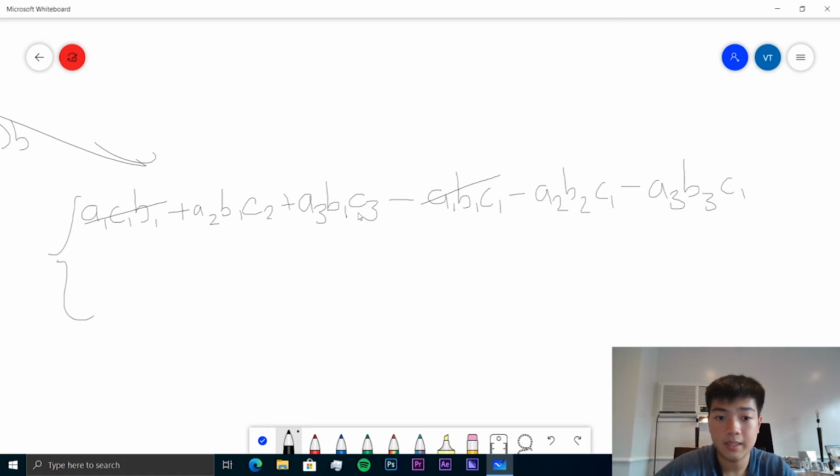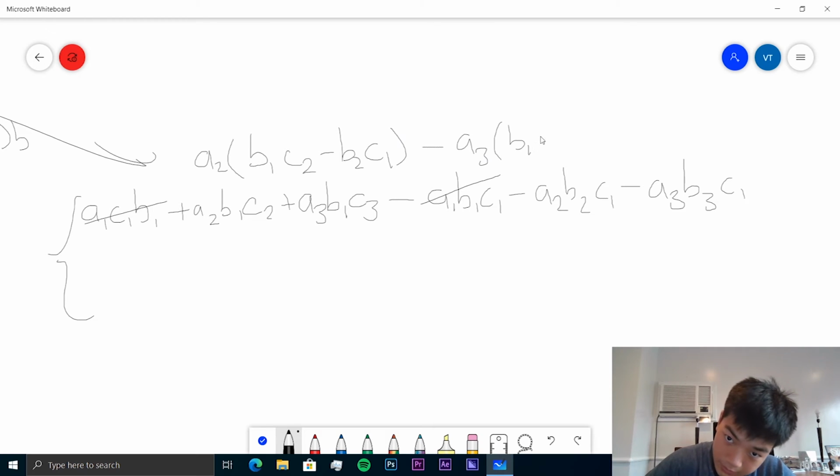So that cancels out. So we can group these terms now. Here we have A2 times B1 C2 minus B2 C1, minus A3 times B1 C3 minus B3 C1.